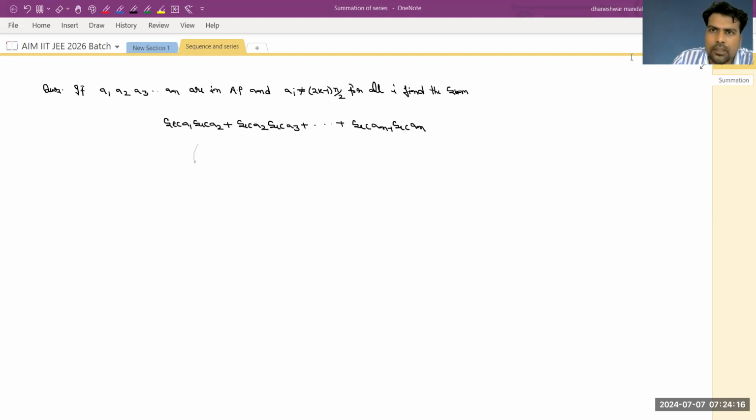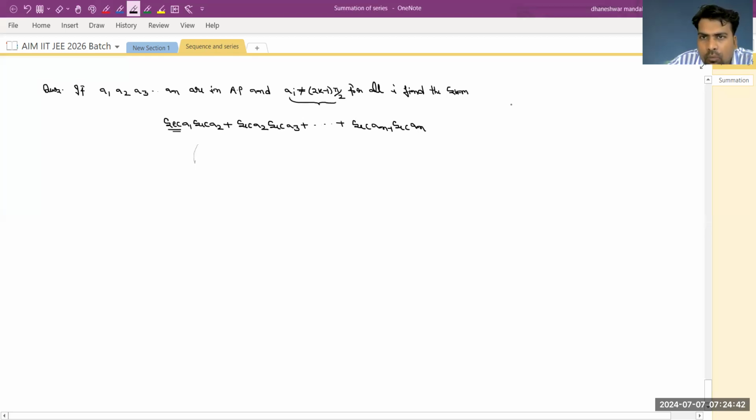Here we have some terms which are in AP, and it is given in the question that these terms are in AP and A of I is not equal to odd multiple of pi by 2. Why? Because this term will be 1 by cos, and cos will be 0 at odd multiple of pi by 2.